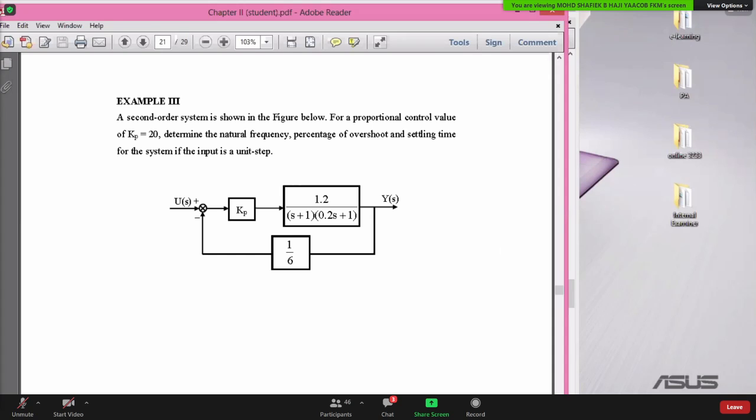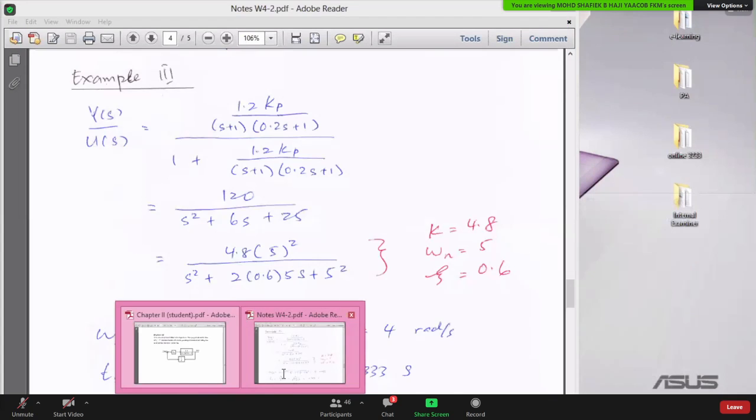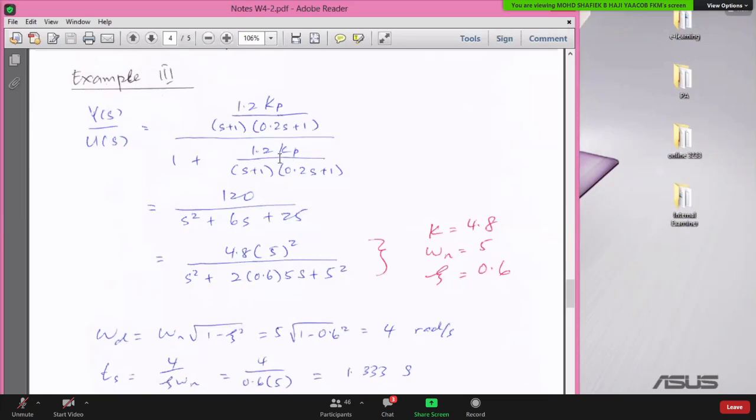Something is not quite right. Okay, this is G. Where is H? Let me check my notes. So the numerator here is just G, and the denominator is just 1 plus G. You need to have 1 plus GH.